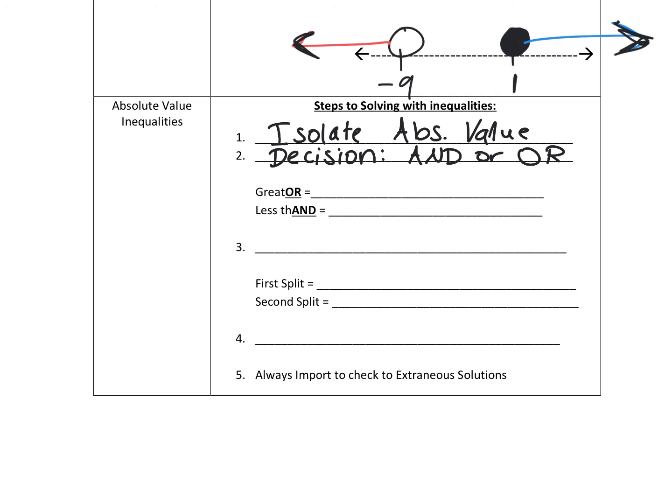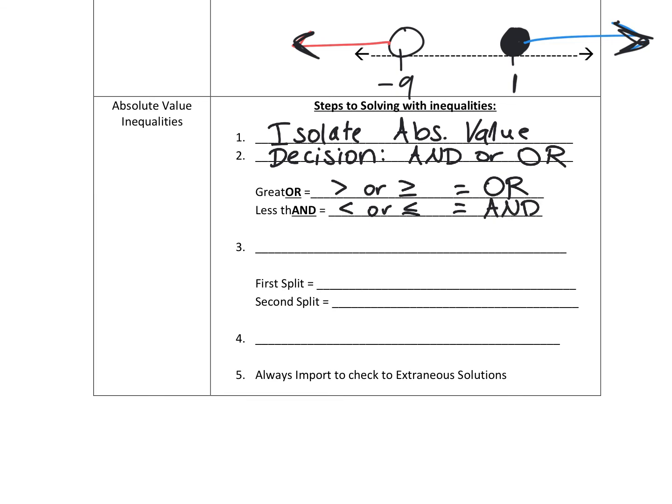So once you've isolated that absolute value on the left, if it's a greater than sign, so greater than or equal to, sorry, it is going to be an OR function. Think greater. If it's a less than sign or less than or equal to, it's going to be an AND function.